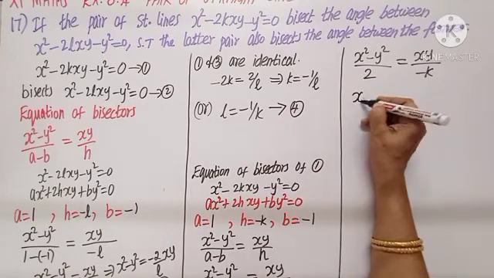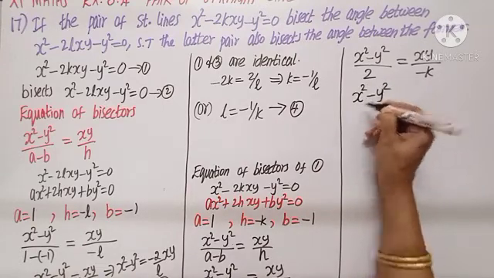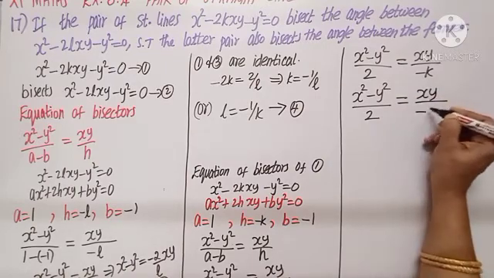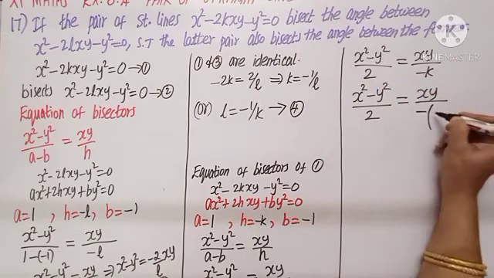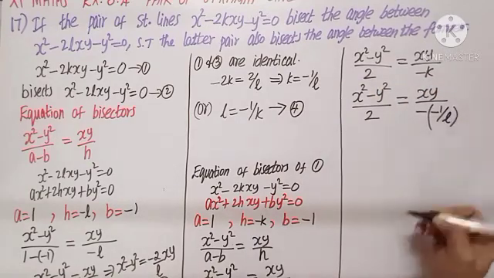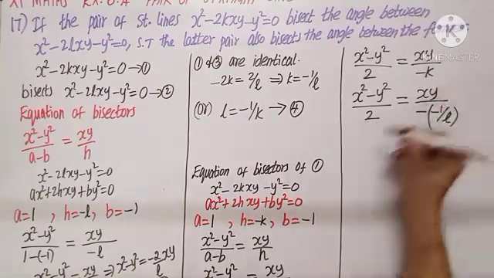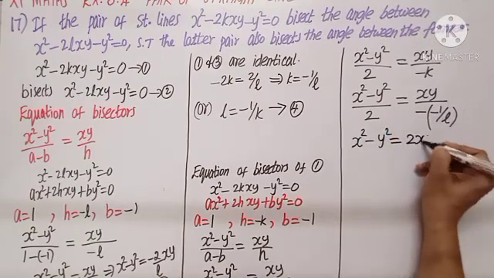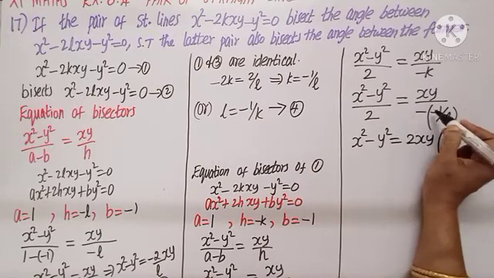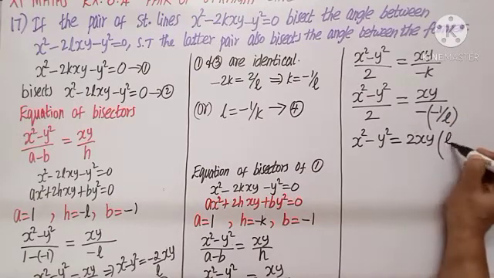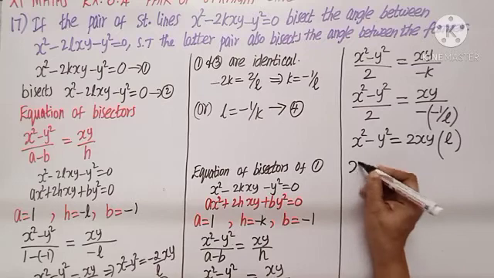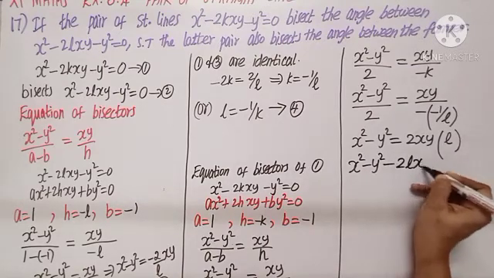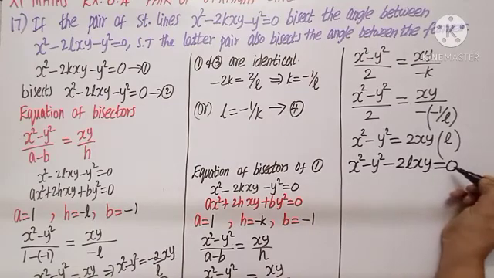Let me substitute. (x² − y²)/2 = xy/(−1/l), with k value minus 1 by l. As I cross multiply, x² − y² is 2xy into l, minus and minus cancel, reciprocating, it is l. Or I get x² − y² − 2lxy = 0.